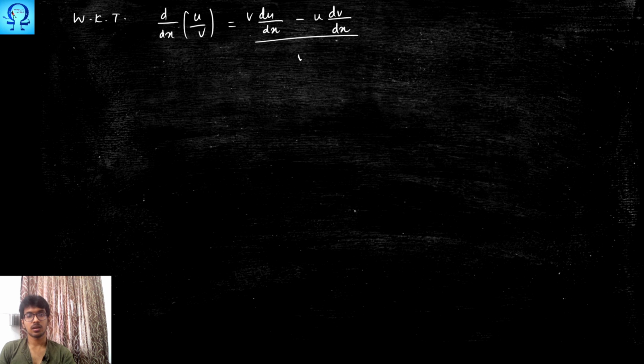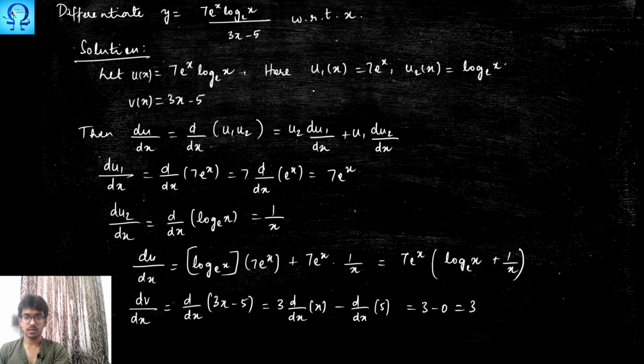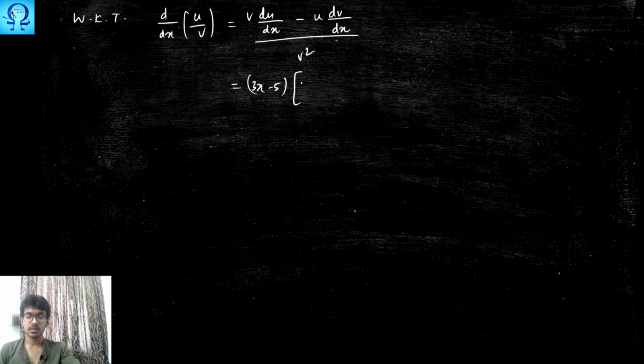We know that d upon dx of u upon v is v du upon dx minus u dv upon dx, upon v square. So what was v? v was simply 3x minus 5, and we found du upon dx to be 7 e power x as a common thing, 7 e power x times log x plus 1 upon x, minus what is u?